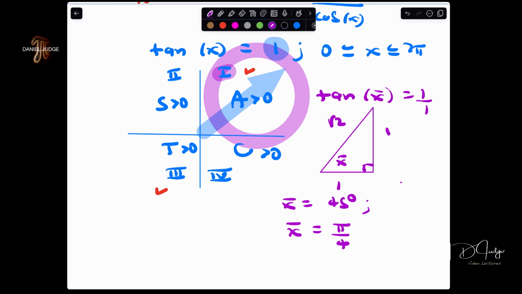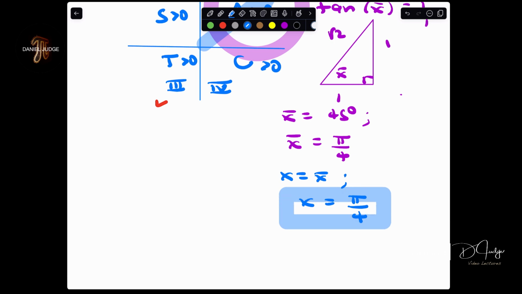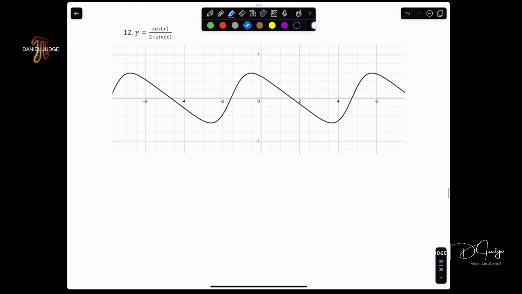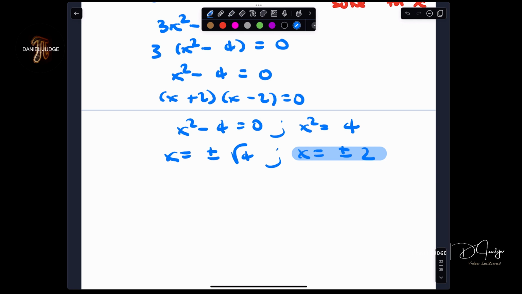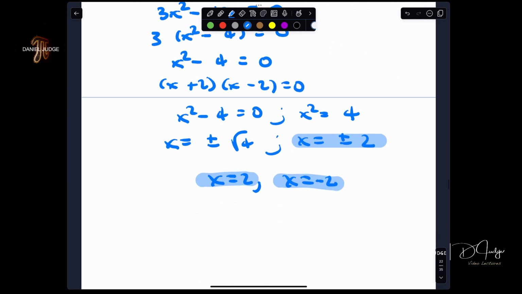So my first solution, by the way, is pi over 4, because in quadrant 1, the angle is the reference angle. So I got two solutions. This is a quadrant 1 solution, value of x. And I know I didn't do this earlier, but let me remind people here, when I got these solutions, those are two solutions. So x is positive 2, x is negative 2. I apologize if I went a little too fast, because that's what this means, plus or minus 2.